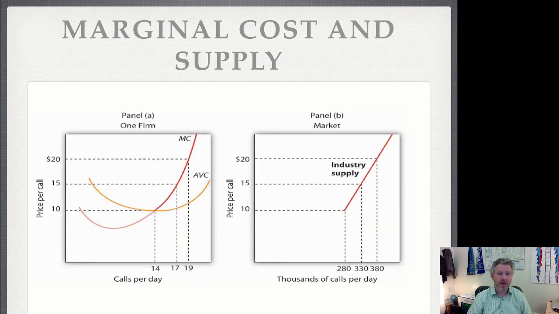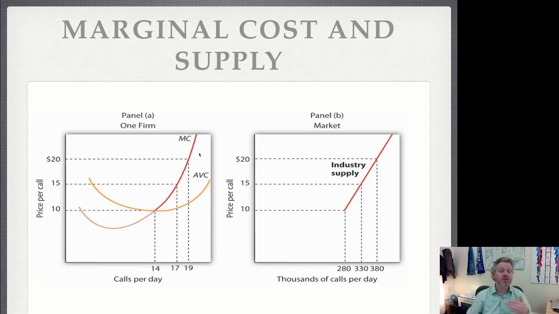All right. So here we can see the traditional cost curves. Here I've only put the marginal cost and average variable cost on here. But you can see that this is the firm's supply curve. This part, the part of marginal cost above average variable cost, is the firm's short-run supply.